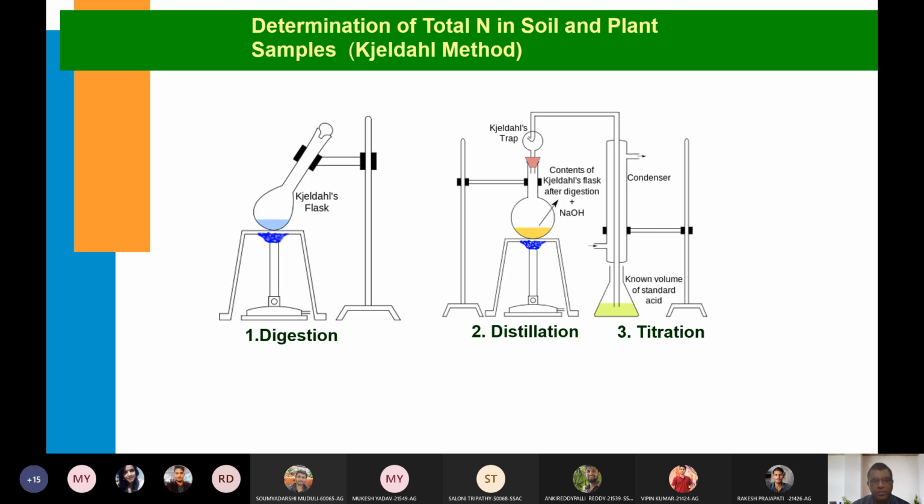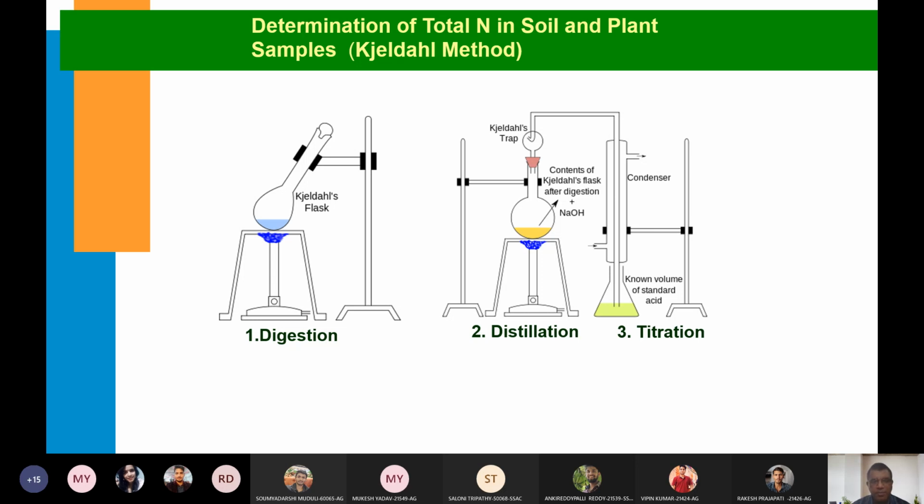And now you put some sodium hydroxide. This sodium hydroxide will immediately release ammonia. And that ammonia will start running from this flask into the boric acid. In the meantime, there will also be some water vapor, and the water vapor will make ammonium hydroxide.